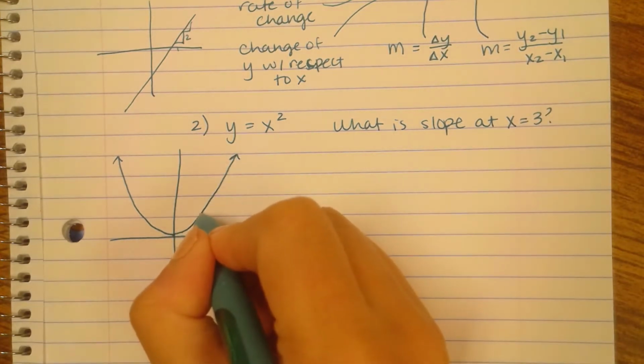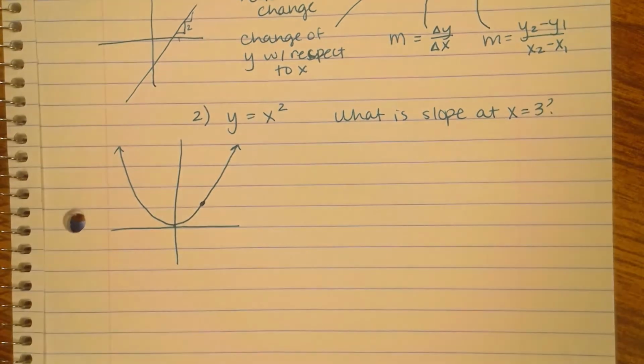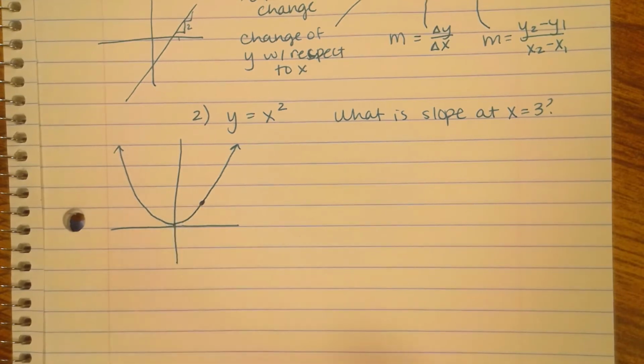I'm going to put x equals 3 down here for a reason. At that point, I do know that the graph is changing, so I should still be able to come up with some rate of change at that particular point. But to actually find that becomes a little bit more challenging. The actual process is a little bit trickier.